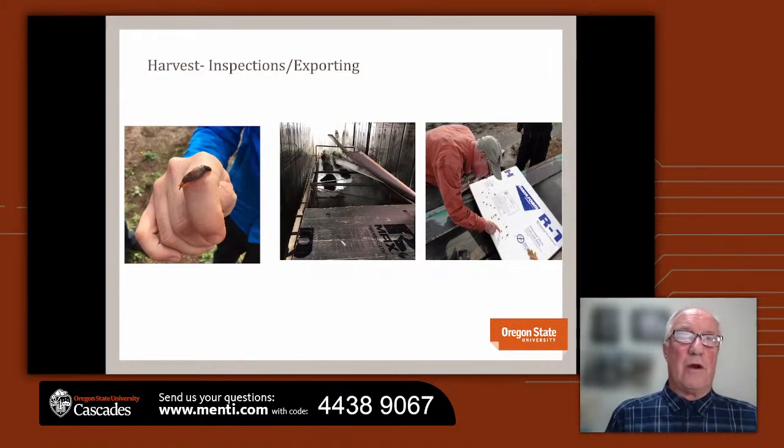What we're showing here on the left of your screen is a slug on a fellow's hand. And what one grower has worked out is a water bath. The trees are baled and sent through a water bath at a high temperature that will kill the slugs and not damage the trees.